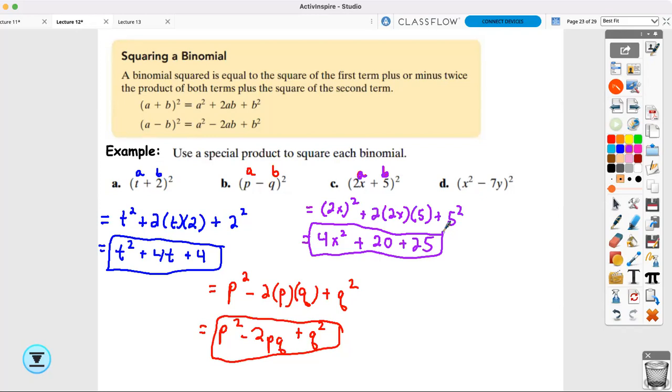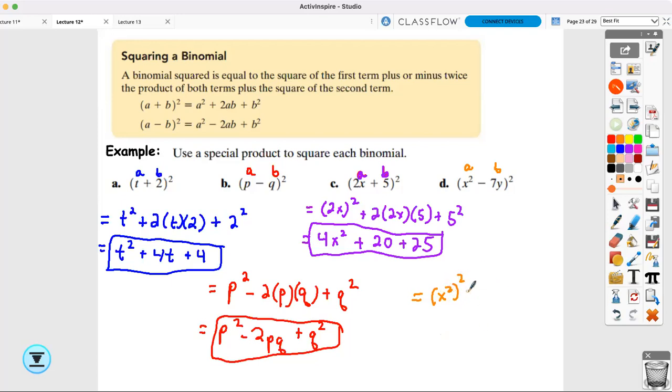All right, we're on D, last but not least. So A is x squared and B is 7y. So it's equal to, right? We're doing the second equation, A squared. So it's gonna be x squared squared. Power to a power, that's power rule.